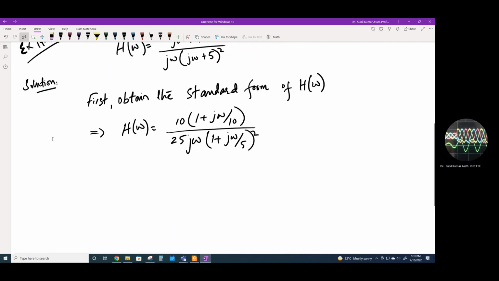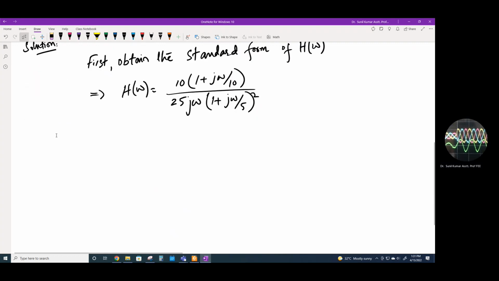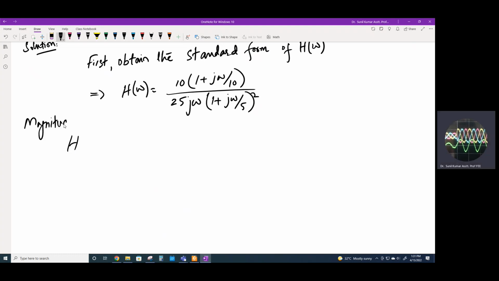Okay. So now to get the Bode plot, we need to get the magnitude plot, we need to have H in dB, which is 20 log of the magnitude of H of omega.